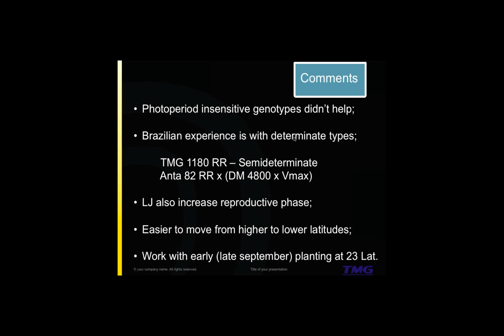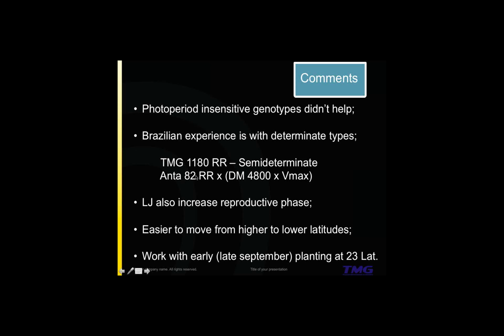And I'm illustrating here a case where we released a cultivar 2 years ago. It's a maturity group 8.0, for the Cerrado area. This material comes from a cross with Argentinian lines.